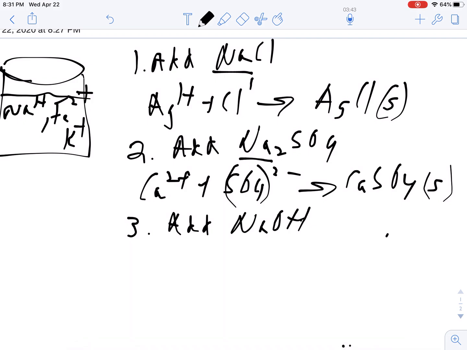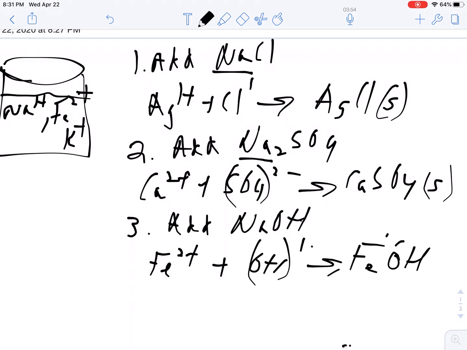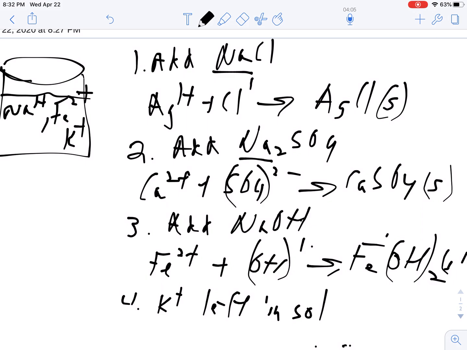So then you've got iron reacting with the hydroxide to produce iron hydroxide, and that's a solid, and then potassium's left in solution. So you now have separated out all the ions that you set out to do.